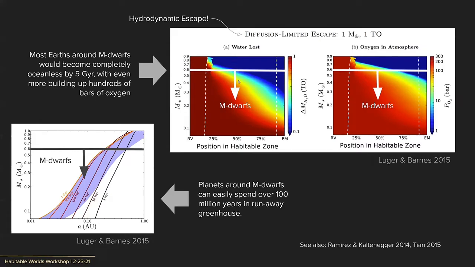We can see here that about over half of these planets end up losing their entire oceans over the course of 5 billion years. And even more of them build up hundreds of bars of oxygen here. And so you can imagine that this is probably not a great situation for life to exist in. There's no water and it's very hot. That knocks off two of the rules that we put forth for a habitable planet.